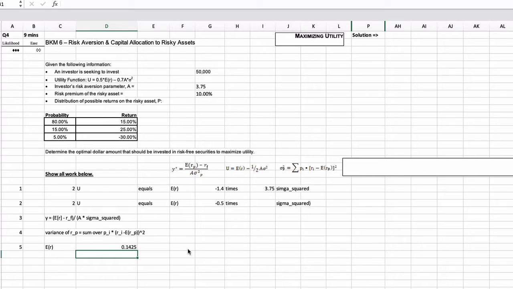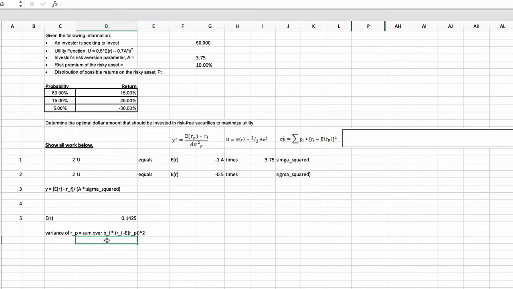Now let's cut and paste the variance formula below the expected value. The first item in the summation is the probability, 80% times 15% minus expected return 14.25% squared. Make sure we use absolute reference for the expected return by putting the dollar signs in front of the cell letter and row number.